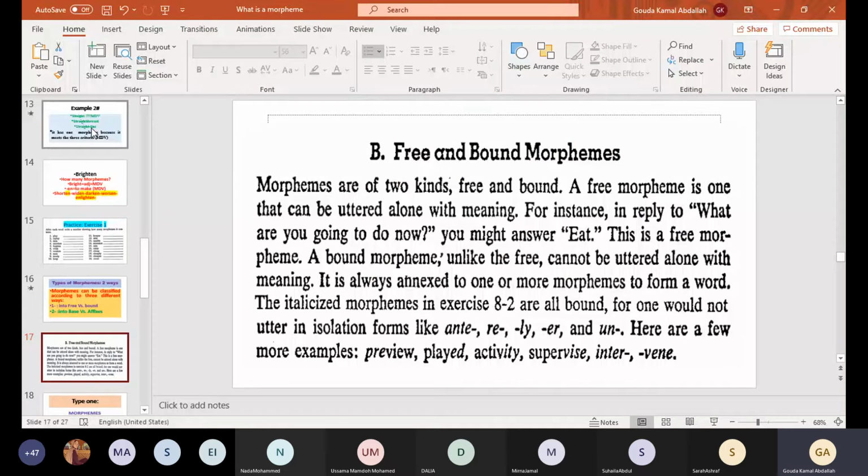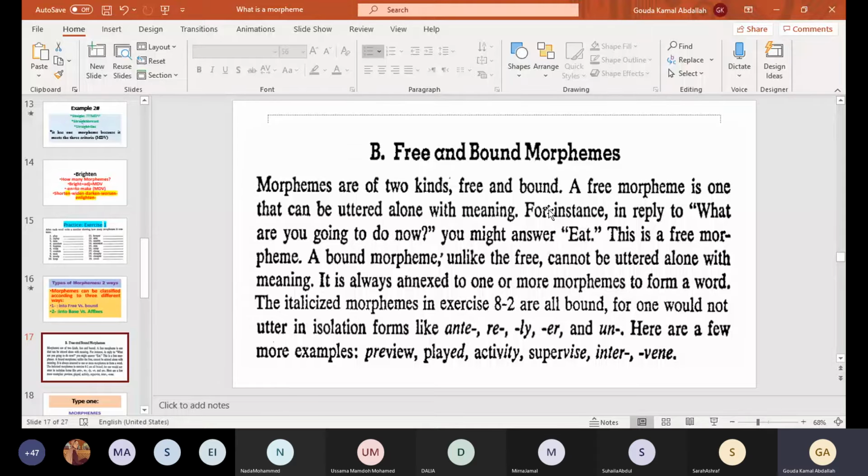According to those linguists, morphemes are of two kinds, free and bound. A free morpheme is one that can be uttered alone, can stand alone, and it has a meaning.